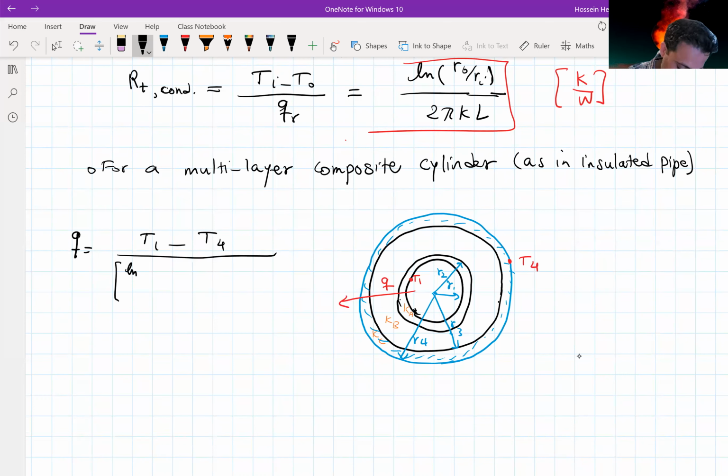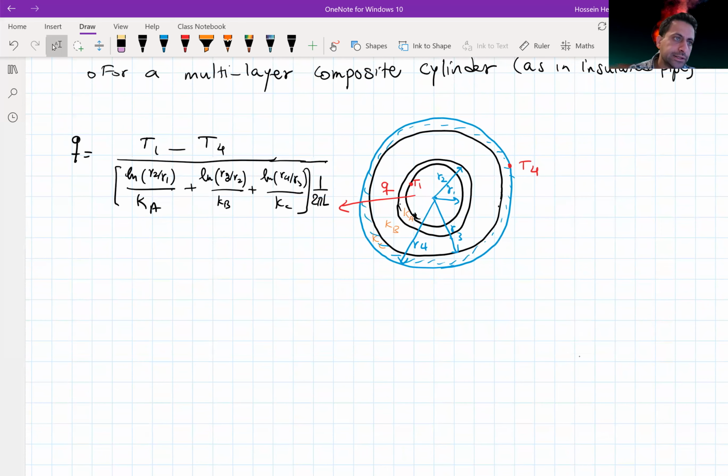So this is going to be natural log of R2 over R1 with Ka, plus natural log of R3 over R2 with Kb, plus natural log of R4 over R3 with Kc, and everything is multiplied by 1 over 2 pi L.